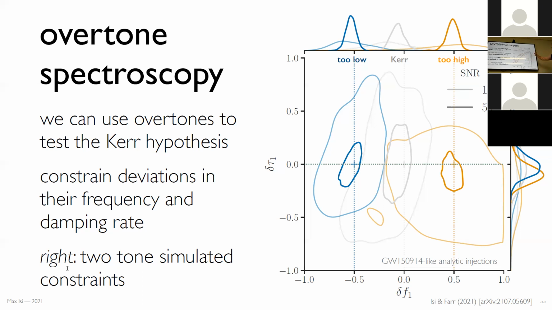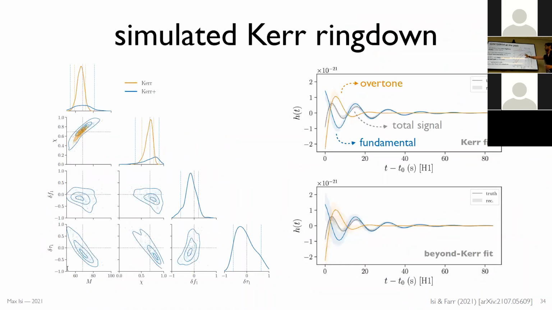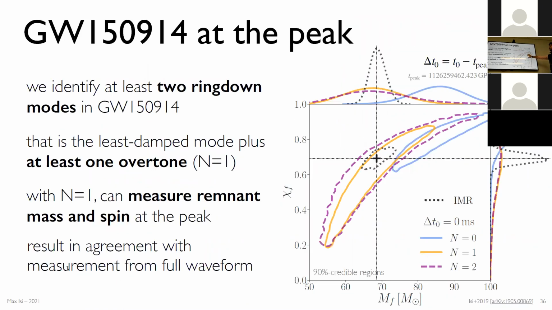So you see these measurements of the remnant mass and spin, assuming a Kerr object, analyzing just data from the peak onwards. If you just analyze it with a single damped sinusoid, which would correspond to the fundamental mode of the quadrupolar mode, then you get a measurement of the mass and the spin that is in disagreement with what we expect from the analysis of the full signal.